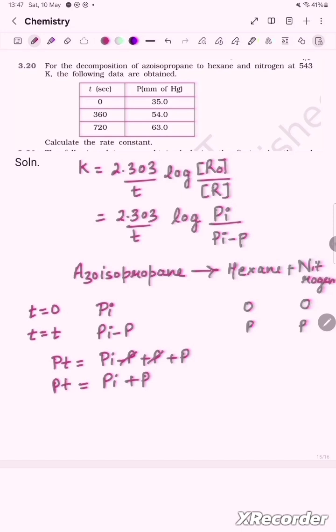That can be written as P is equal to Pt minus Pi, which can be written as the remaining pressure.